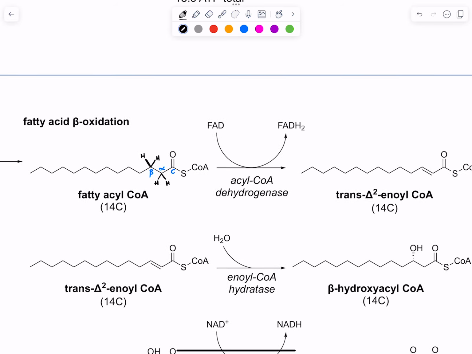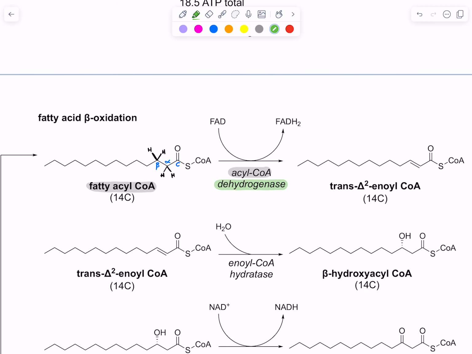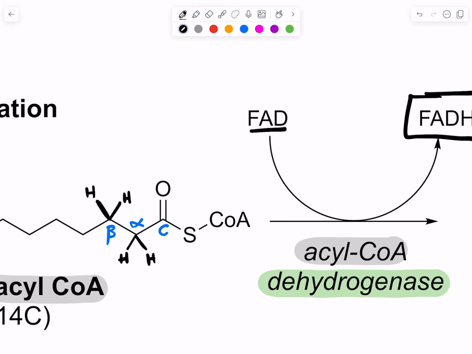So the first step is a dehydrogenase. So again, the names you can sort of tell what's going to happen. Acyl-CoA is the substrate, the molecule that it acts on, and dehydrogenase tells you it's an oxidizing enzyme. The other reason you can tell is because you go from FAD to FADH2. And recall, as we learned last time, FAD is a hydride acceptor and a proton acceptor.